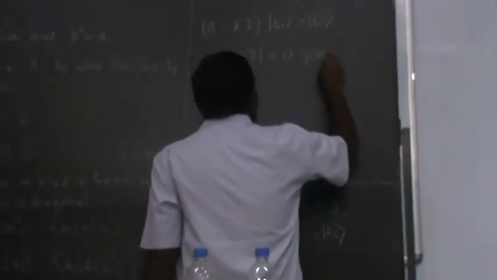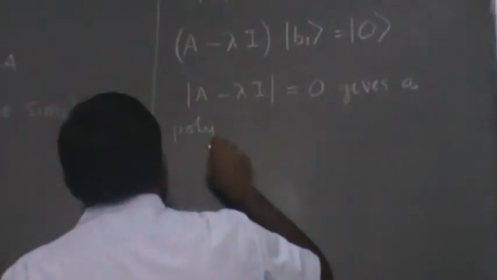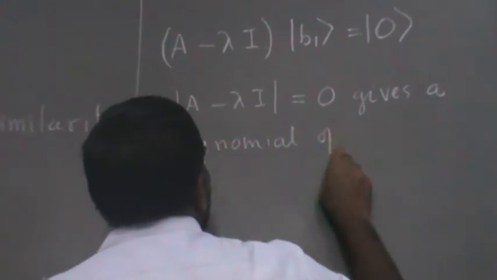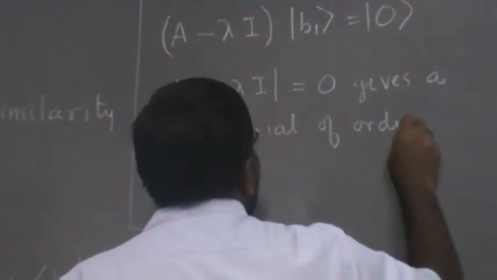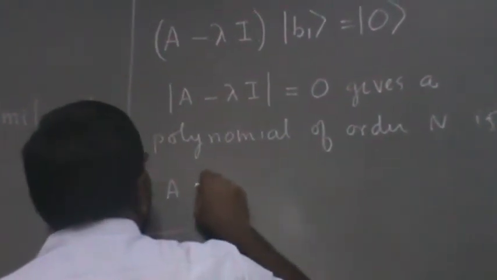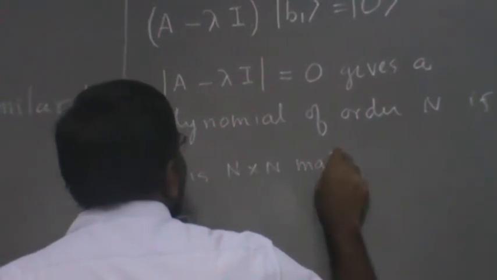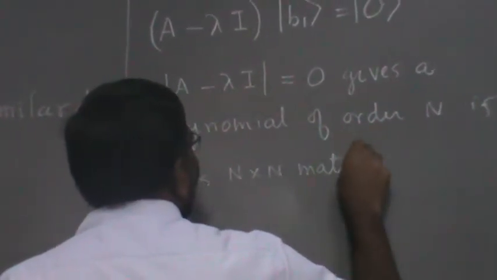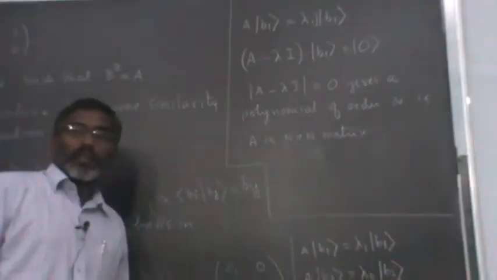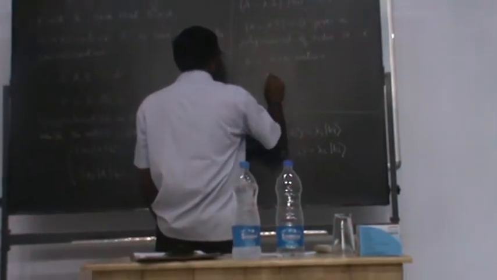So the determinant of A minus lambda I equal to 0 gives you a polynomial in lambda of order n, if A is an n by n matrix. This polynomial is called the characteristic equation.